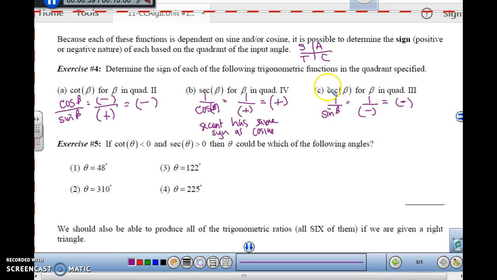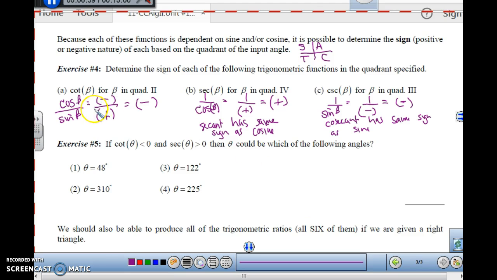For sine, cosecant is the same sign as sine. So if you are in the first or second quadrant, sine will be positive, and cosecant will be positive. If you're in the third or fourth quadrant, sine is negative, and so is cosecant.